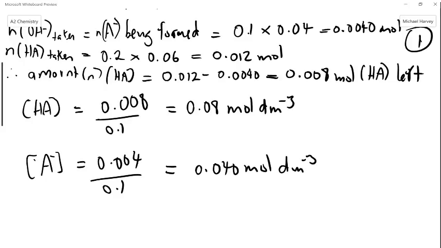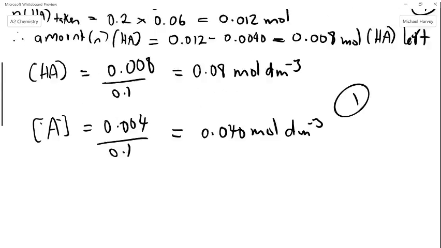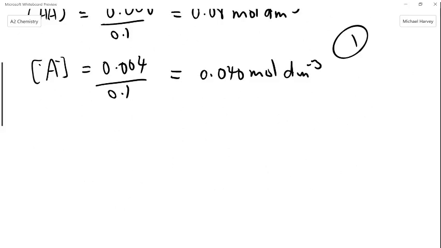So the amount of weak acid is decreasing in terms of concentration, and the amount of the conjugate base is of course increasing, and that's going to be worth 1 mark. So we're halfway there, we've got 3 marks.